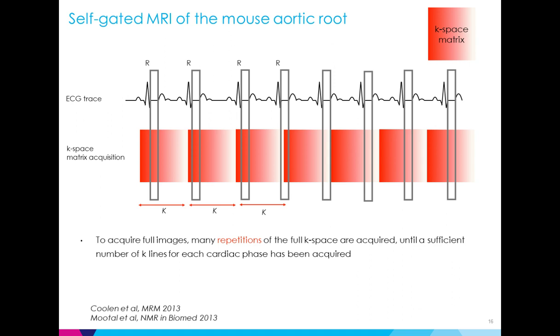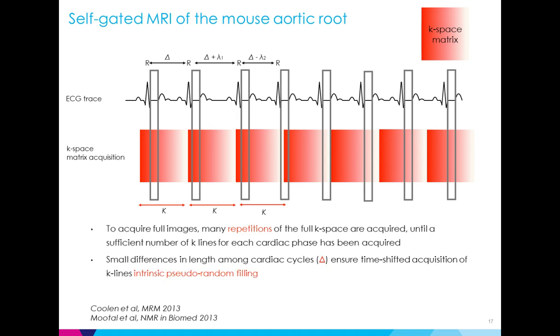And the fact that there is no heartbeat that is exactly the same as the previous one or the next one in terms of length, there is always a bit of variability, ensures that it is going to be very unlikely that the same lines keep on being acquired over and over again in the same phase of the cardiac cycle. So this is an intrinsic pseudo-random filling that basically ensures that after a certain number of cardiac cycles, full images will be acquired of all these phases.